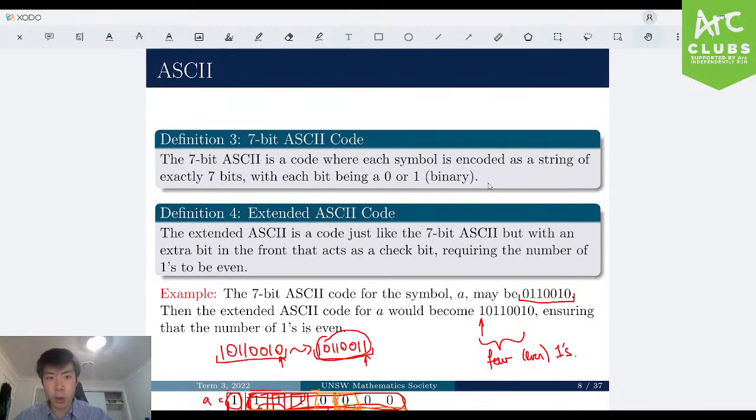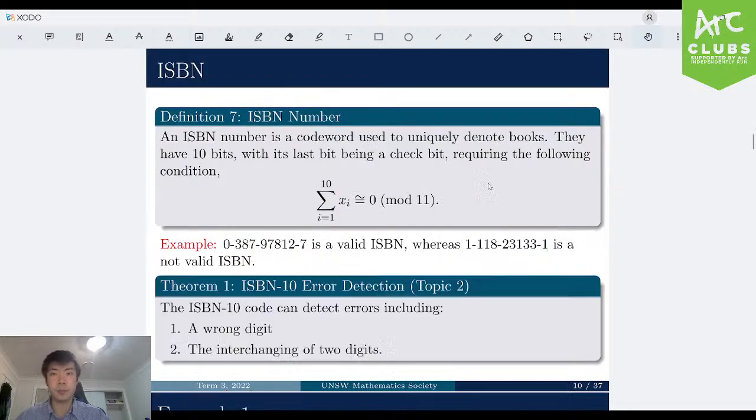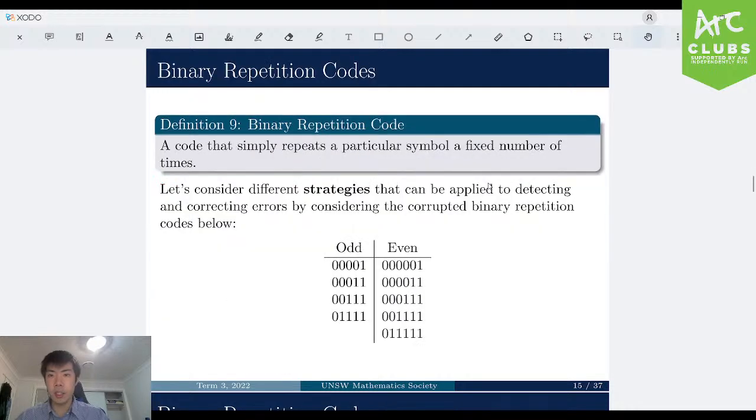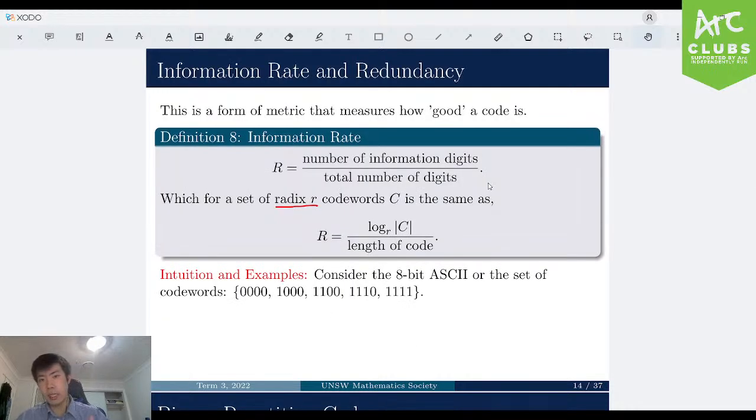But for example, the ASCII code was binary, right? It can only be 0 or 1. And so radix just means integers mod what. For example, radix 2 means it's binary: you can use the digits 0 or 1. Radix 3 means you can use the digits 0, 1, or 2. Radix 5 means you can use the digits 0, 1, 2, 3, 4. Okay, that's what radix means.